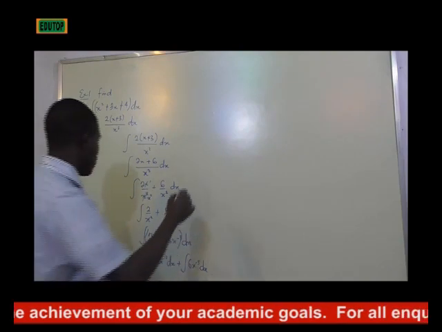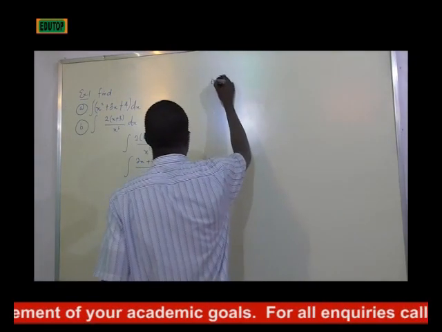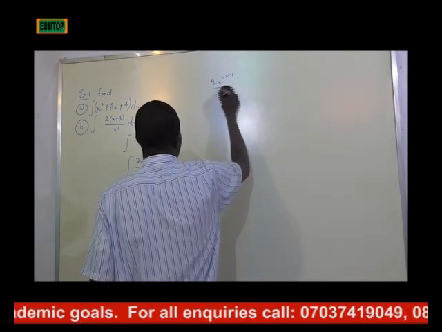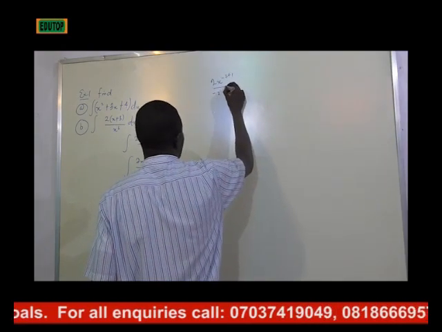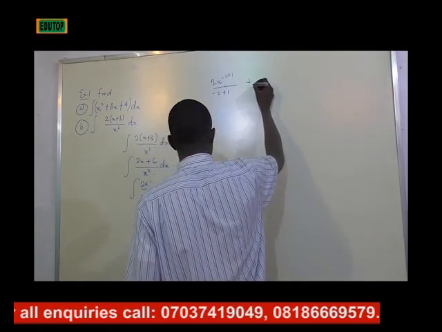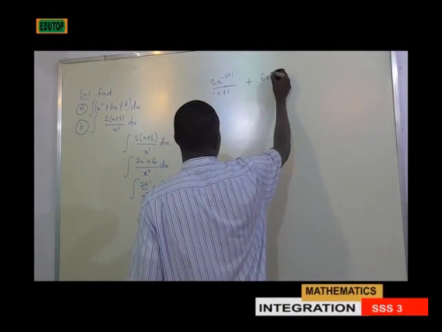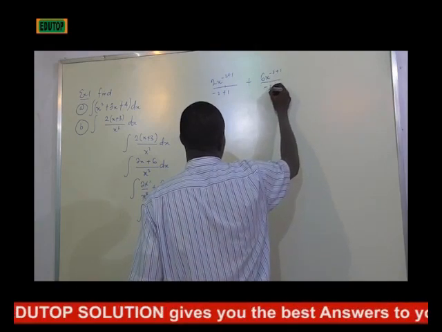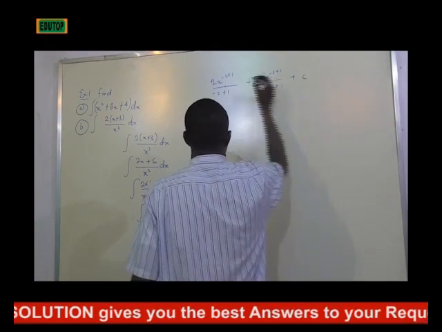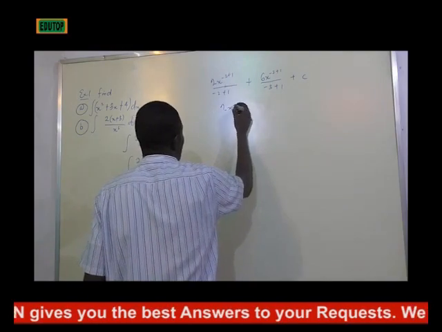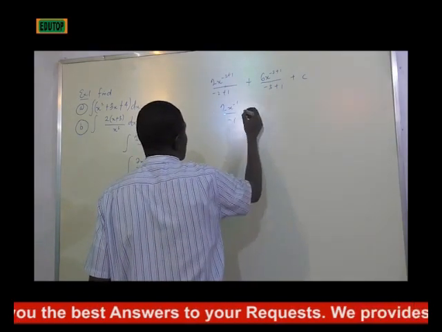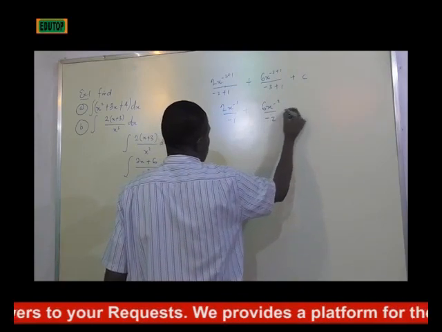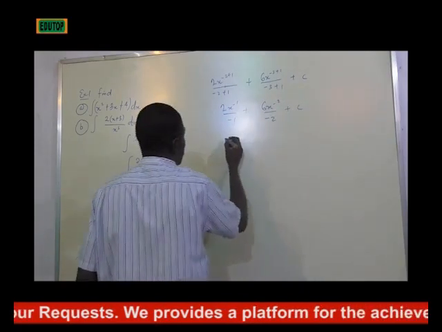So here, if I integrate this, I will have 2x to the power minus 2 plus 1 over minus 2 plus 1, plus 6x to the power minus 3 plus 1 over minus 3 plus 1, plus c. So this one will give me 2x to the power minus 1 over minus 1, plus this one will give me 6x to the power minus 2 over minus 2, plus c.